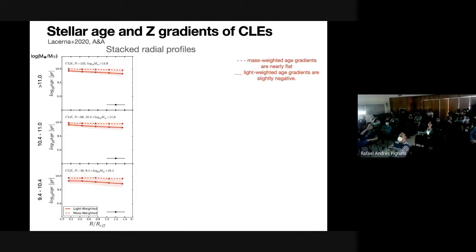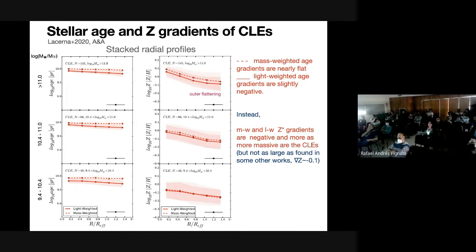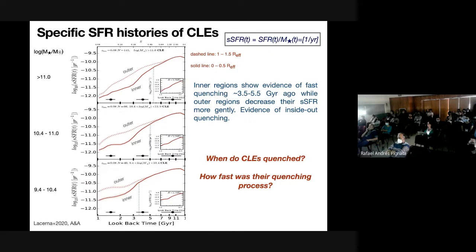We also measured the gradients of age in these elliptical galaxies. Typically, they are flat, and the gradients in metallicity are, of course, negative. A very interesting thing is that we reconstruct the evolution of the specific star formation rate in the inner part and in the outer part.